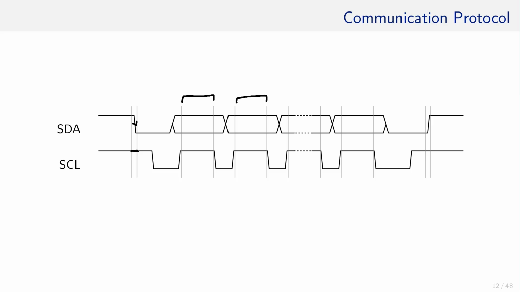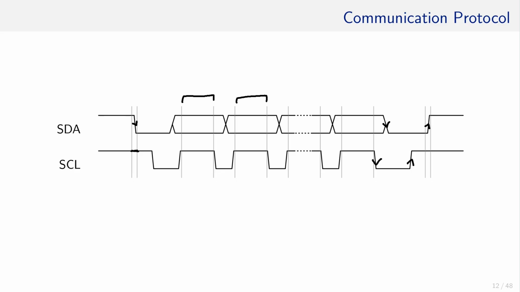Third, once the master completed the transfer, it creates another violation. In this case, it pulls down SCL as well as SDA. And then it lets go of SCL first before releasing SDA. Everybody knows now that the transfer has ended.